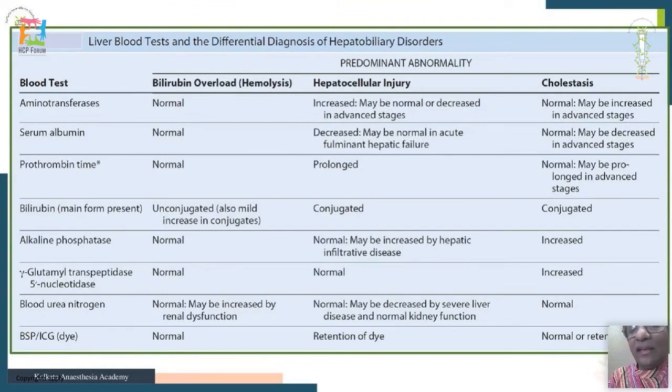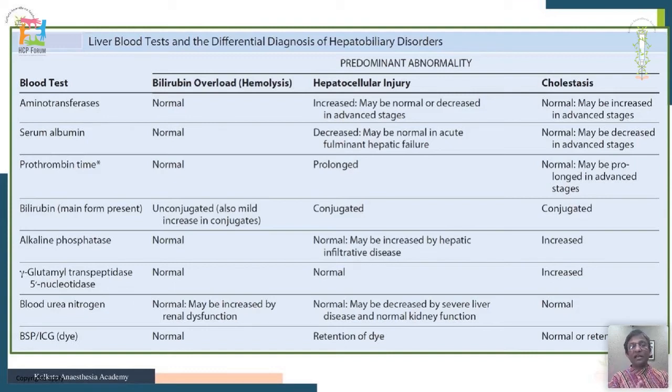This is again the take-home slide for investigations and how investigations differ between the types of liver disease. I think just go through it at some point of time. Like in hepatocellular injury, the transaminases are high, the albumin is reduced, P times are prolonged. Albumin may become normal in acute fulminant hepatic failure.